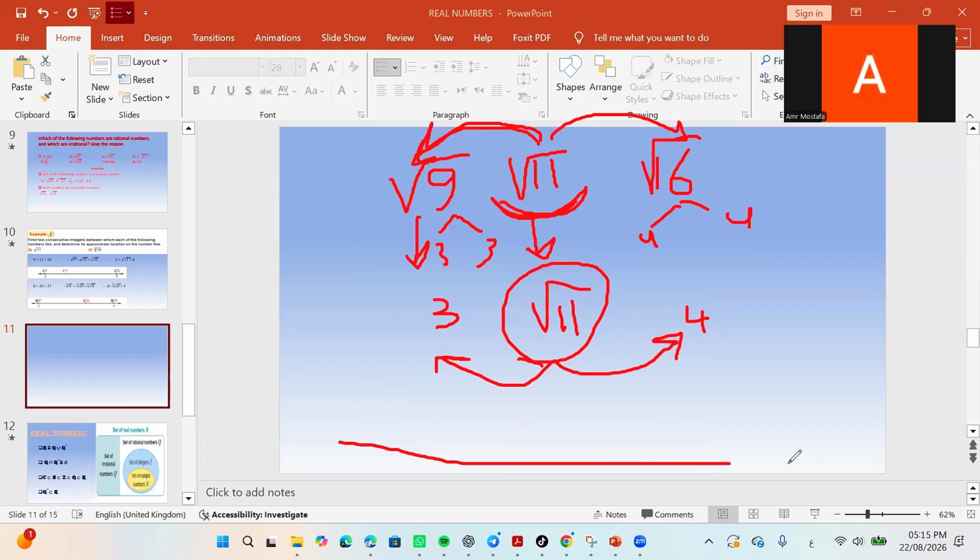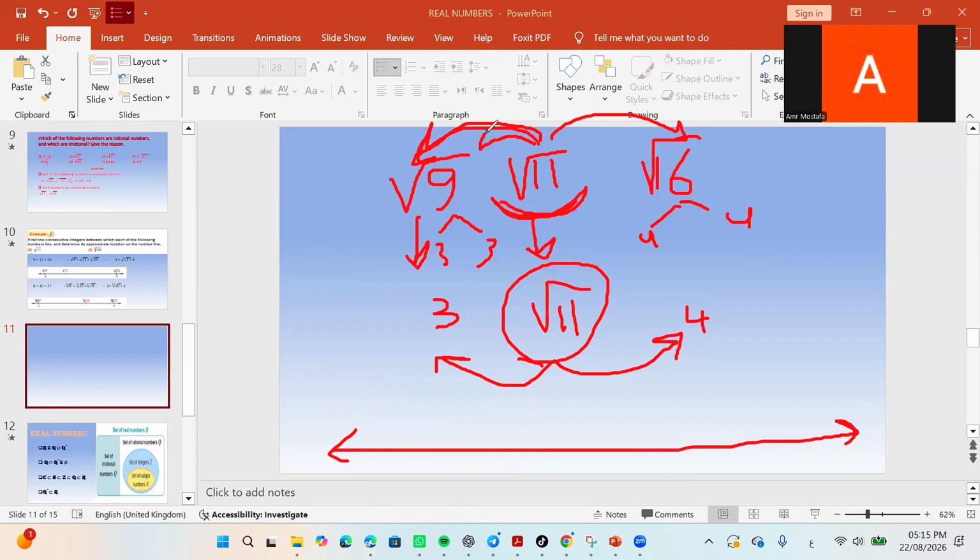Okay, we want to represent it on the number line. Okay, this is the number line. Root 11 is nearer to root 16 than to root 9, so this is root 9 and root 11.